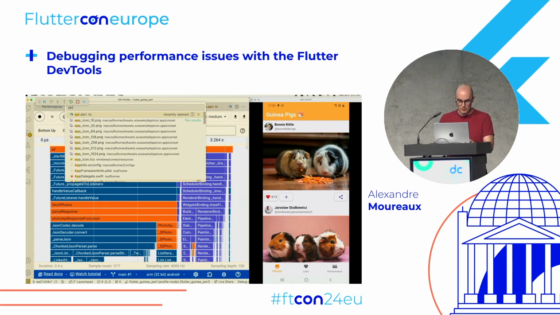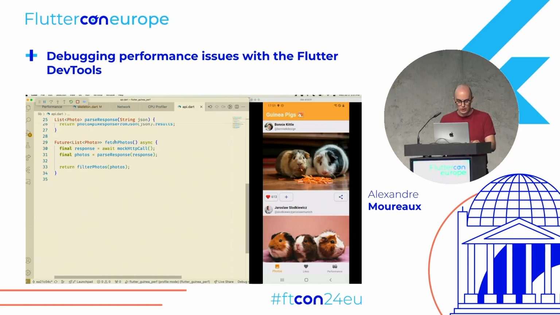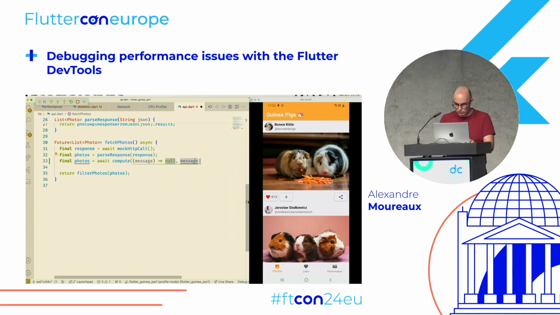So the best solution for that is, here we see our fetch photos, it's doing the API calls, and we can essentially offload that work from the UI thread to another thread so that it runs in parallel. And Flutter makes it really easy to do that because I can just do final photos equals await. It's so easy that I don't even have a snippet for that. Compute, well, that's not what I want to do.